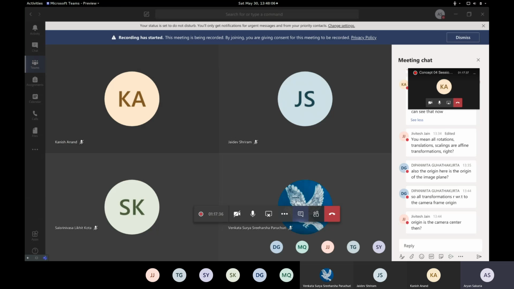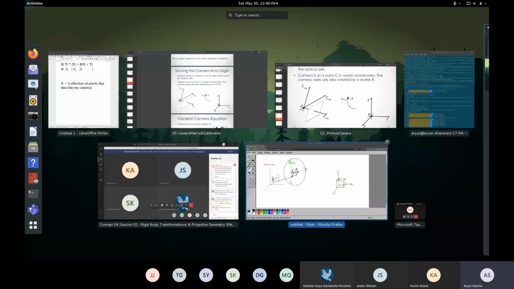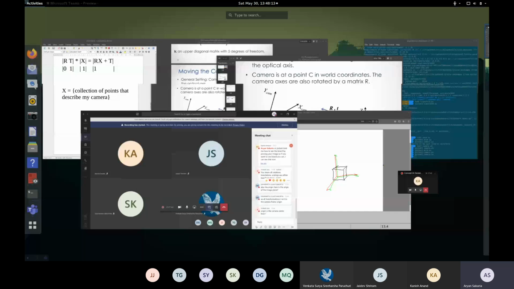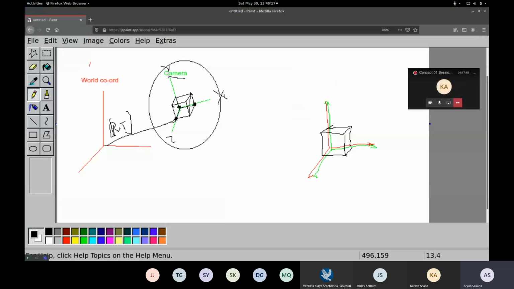Is there any question? Origin is the camera center. Okay, so I'm answering these 2 questions right now, Jivitesh's and Dipanvita's question. Originally, let's say that both of them are aligned absolutely perfectly. So this point is 1, 1, 0. It's the same in both frames.